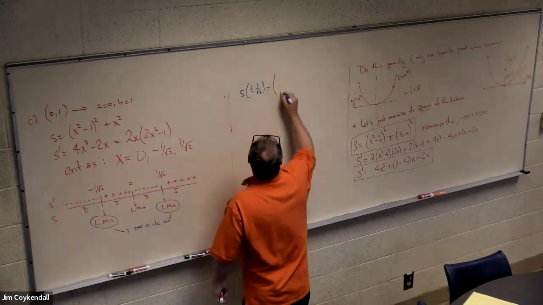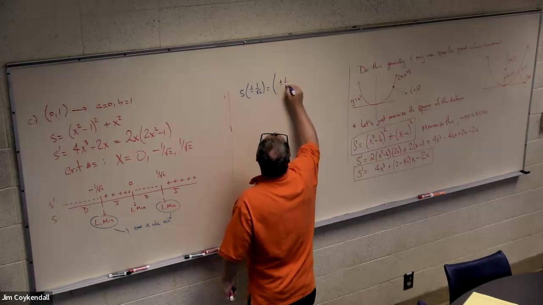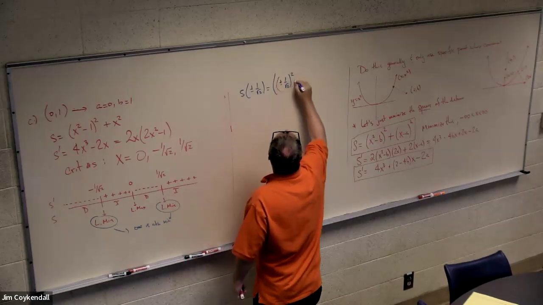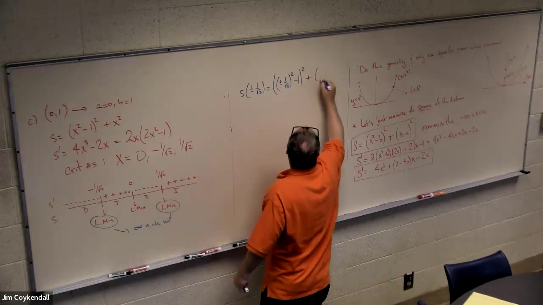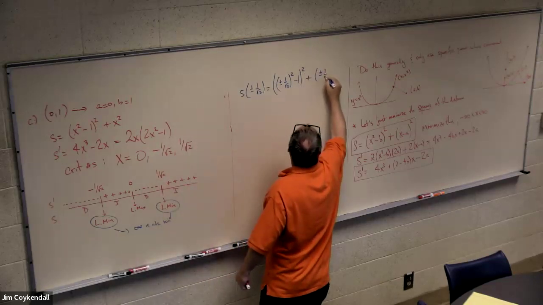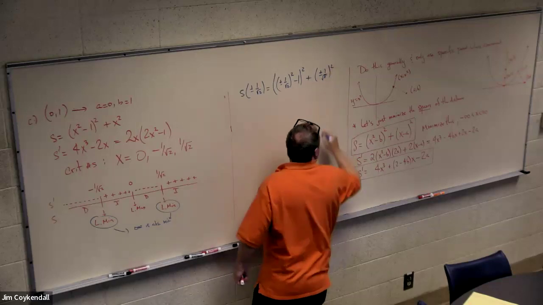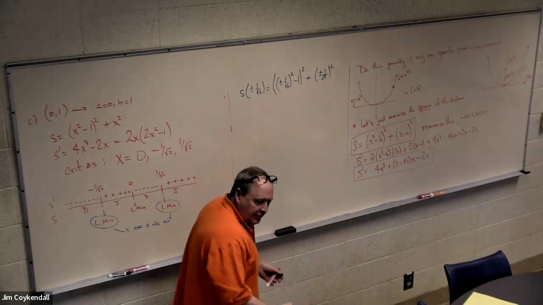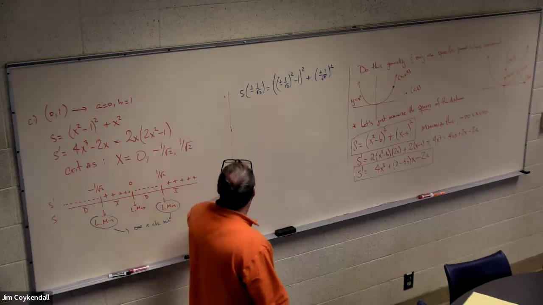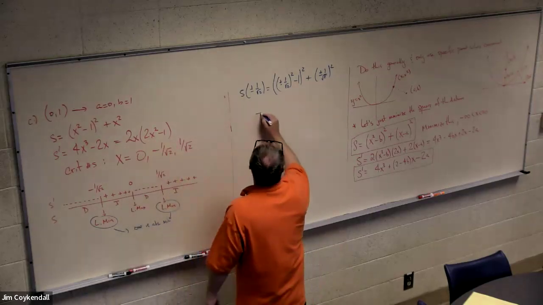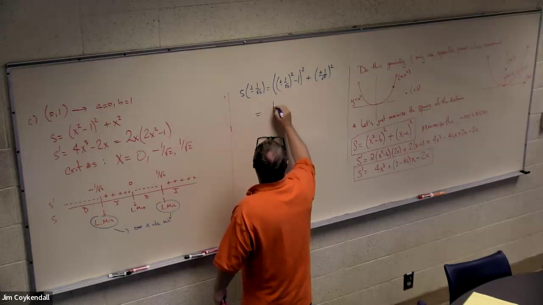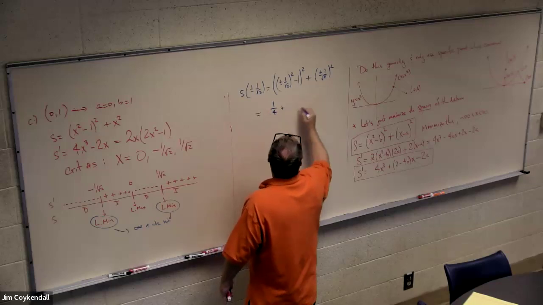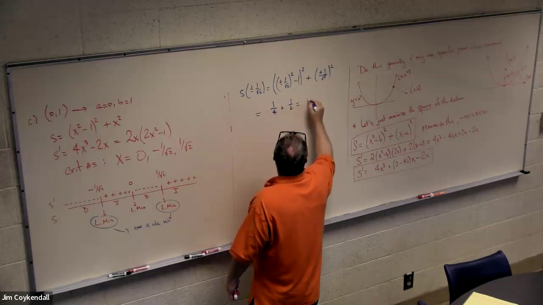This is plus or minus one over radical two squared minus one squared, plus or minus one over radical two squared. It doesn't matter whether it's plus or minus, because this is an even function. So this is going to be a half minus one, which is minus a half squared. So I get 1/4, and then plus 1/2 is 3/4.